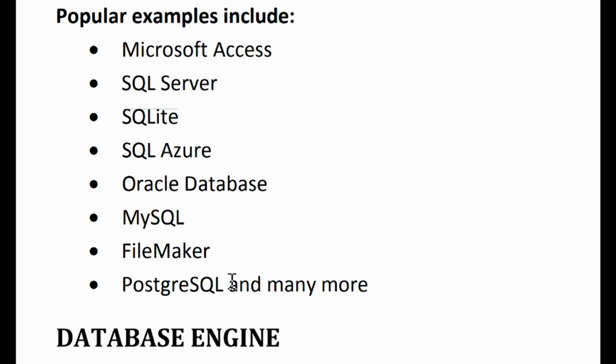I want you to remember 5. Let me pick 5 for you. The first database system that you should learn is this. This is the most basic and simple and easiest database platform in the whole wide world. Microsoft Access.